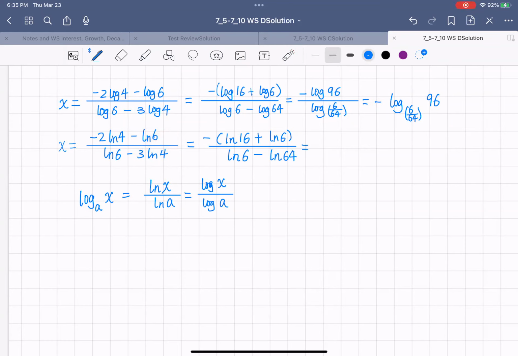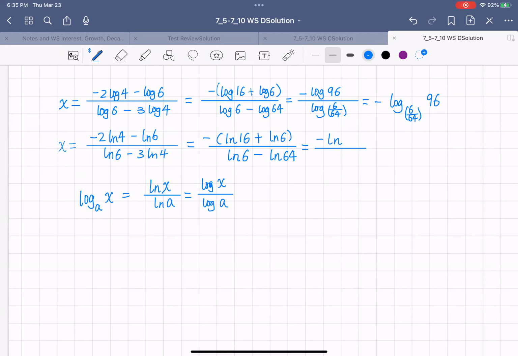And then what do you have? You want to do this property. Go ahead, Vienna. This becomes negative ln of what?